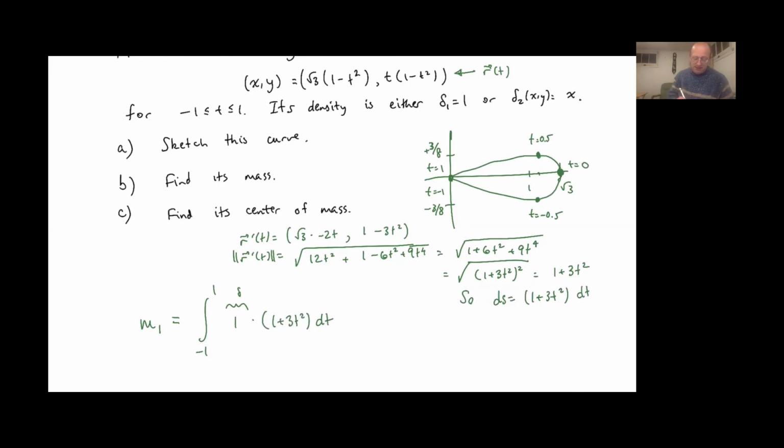We should have t plus t cubed evaluated from -1 to 1. And with a little bit of arithmetic, that comes out to be 4. This wire has mass 4.